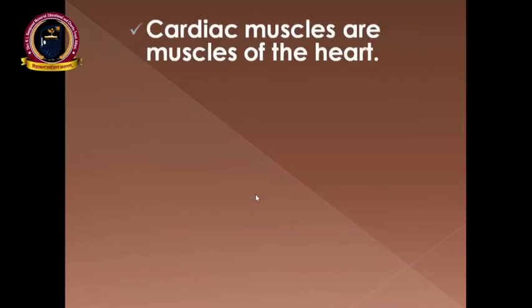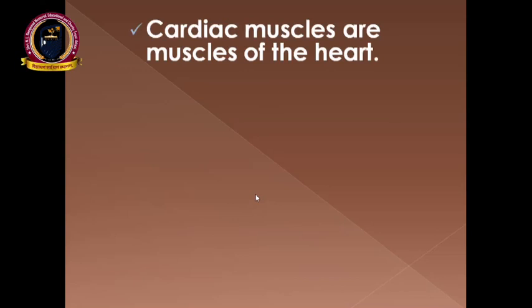Cardiac muscles are muscles of the heart. As we have learnt, they are found only in the wall of the heart. They are numerous. They form very thick walls of the ventricle, but they are very few in the walls of the atria because of the difference in functional activity.